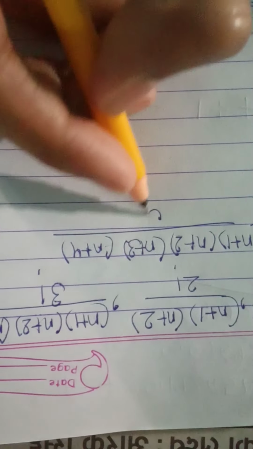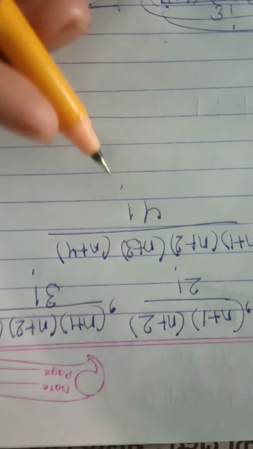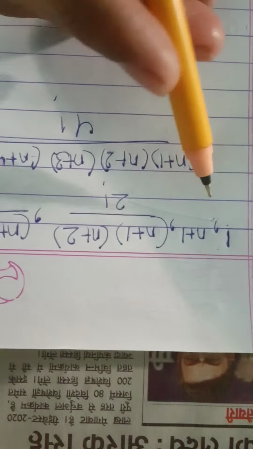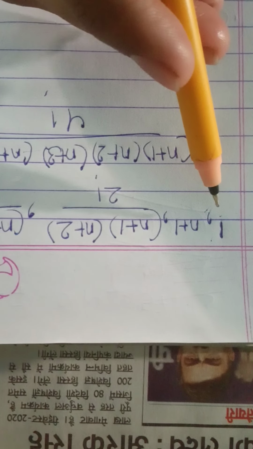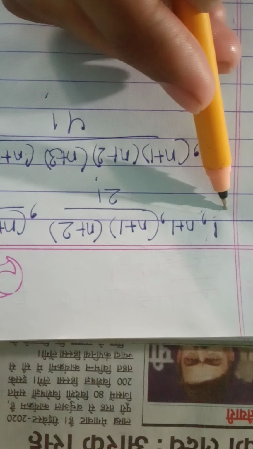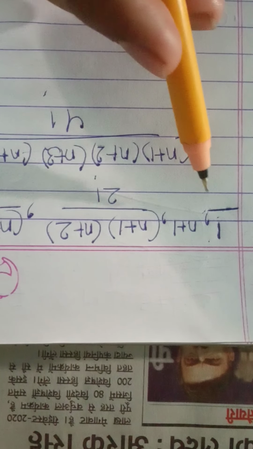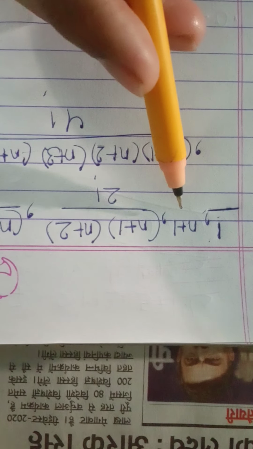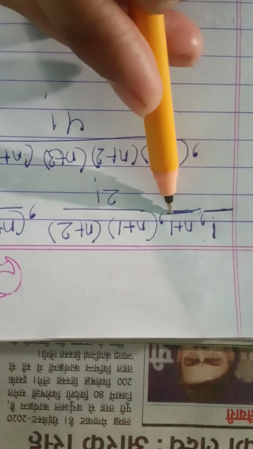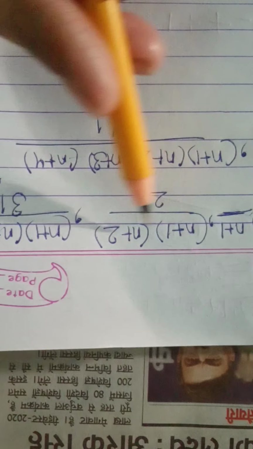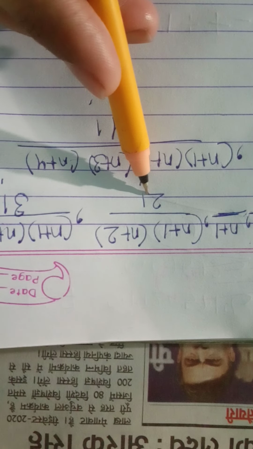If we see it in a simple way, we find that for 1 digit expansion we get only 1 term. For 2 digit expansion we get n plus 1, where n is the power of the expansion. For 3 digit expansion n plus 1 n plus 2 by 2 factorial.